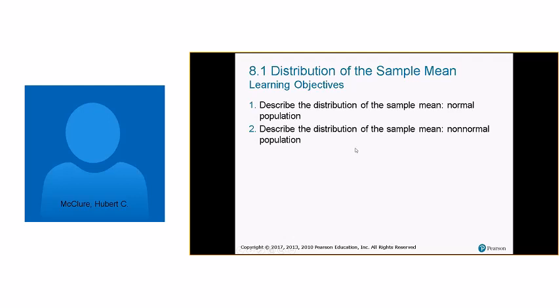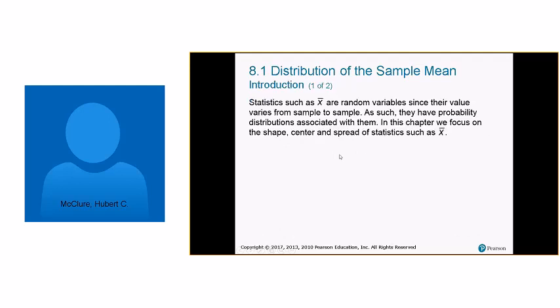Sample mean, you know what the sample mean is. Normal population, non-normal population. Statistics such as X bar are random variables since their value varies sample to sample. As such, they have probability distributions associated with them. In this chapter, we focus on the shape, center, and spread of statistics such as the mean.